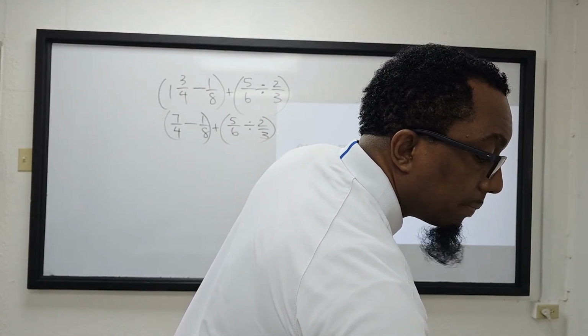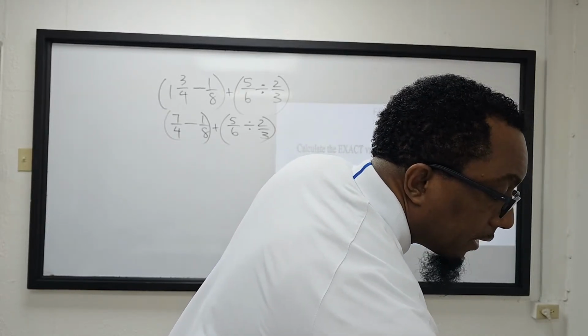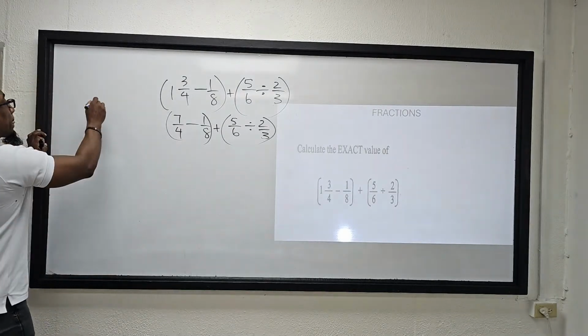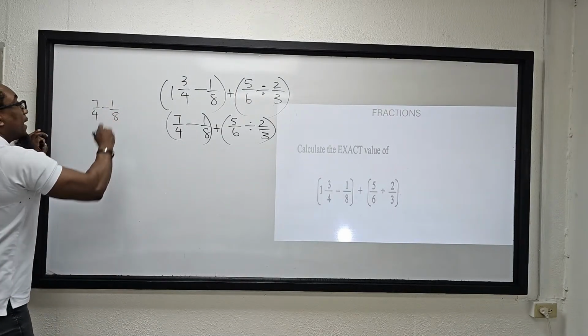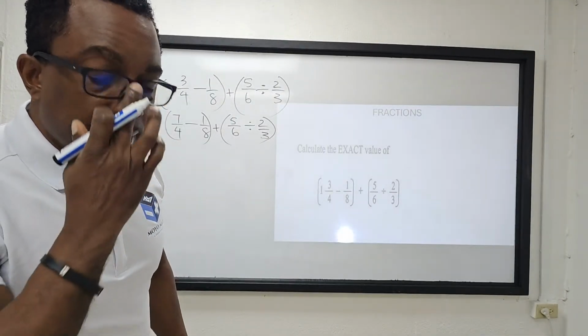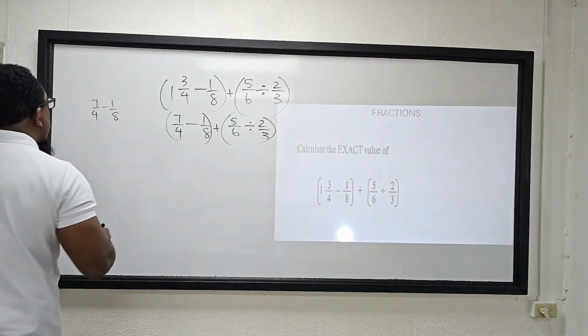So let us work what is in brackets. We have two sets of brackets. So this will become 7 over 4, subtract 1 over 8. Again, once you're adding or subtracting fractions, the first thing you do is find the LCM. So the LCM will be 8.